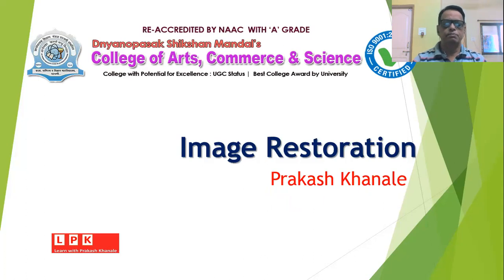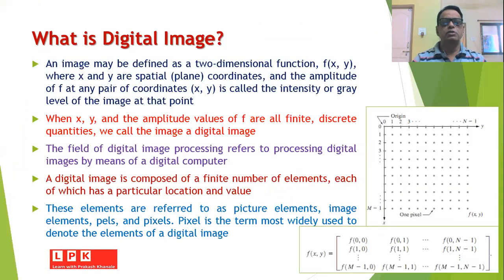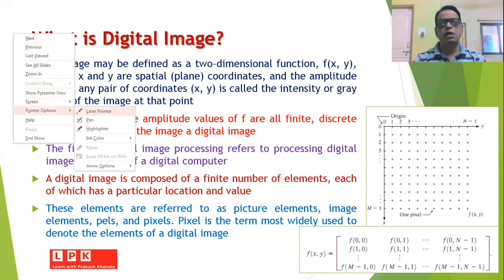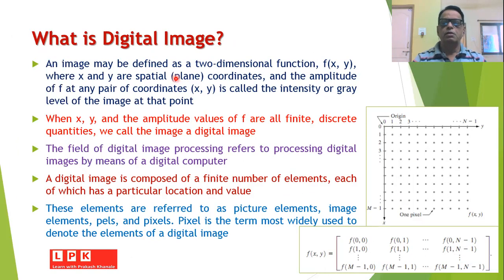So let us start the session with the question: what do we mean by image restoration? As we know, any digital image can be represented by a two-dimensional function, written as f(x,y). This function returns a value corresponding to the intensity or gray level at the coordinates x, y.